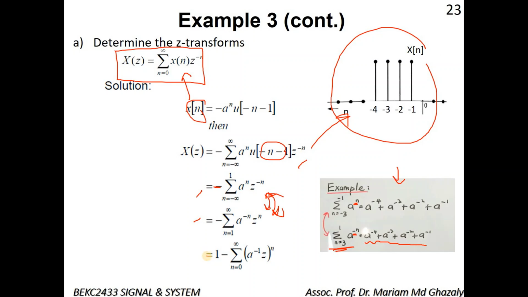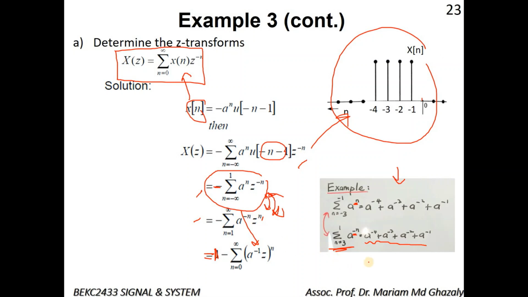Equivalent to this, why you have 1 here is because at n equal to 0 there's no value, so that's why you have 1 minus the summation of a^(-1) z^(-1), which is this value.